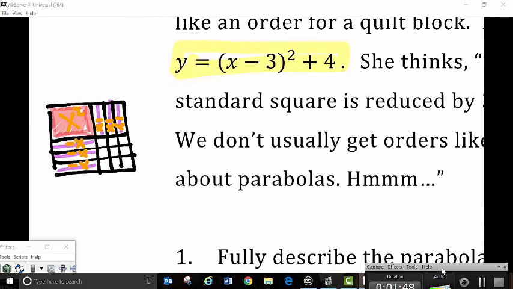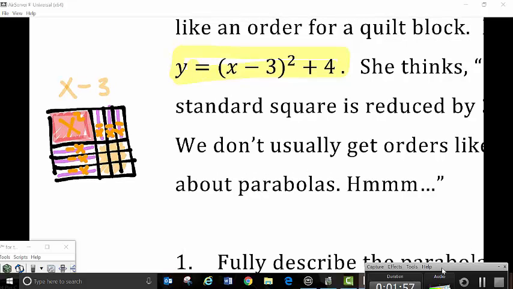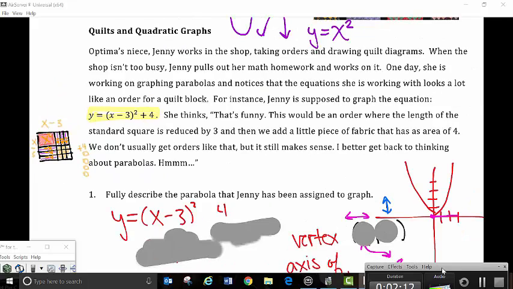So this would be the square (x minus 3) squared, so we would have the minus 3 squared right here, because this is x minus 3 and x minus 3. And then we'd have to add 4 little blocks. So that's how I've been doing it for you. It is slightly different if you were thinking the real world, but this makes more sense for the picture.